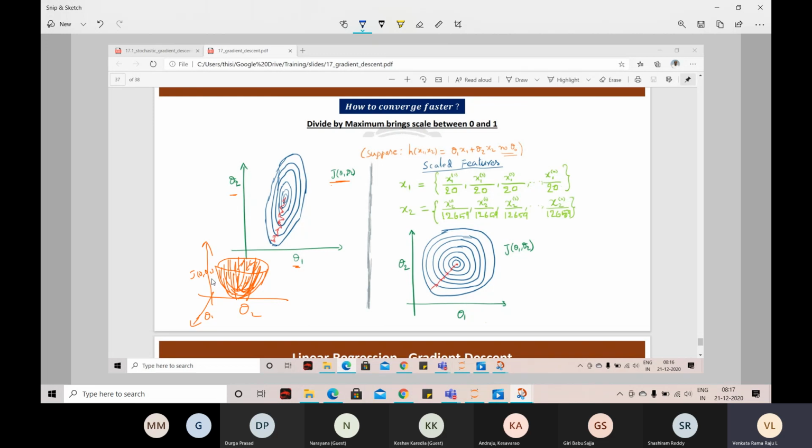Do you agree? Those blue dots, all the J of theta values are same. Do you agree? Yes, sir. Anybody has questions, concerns with that?